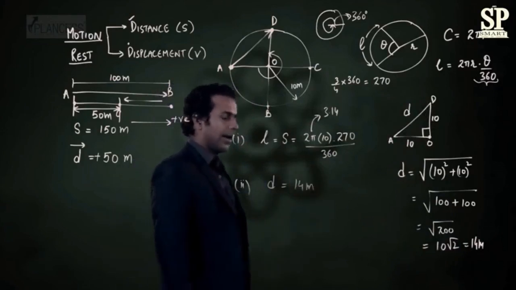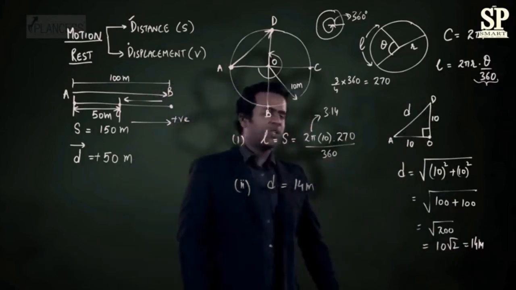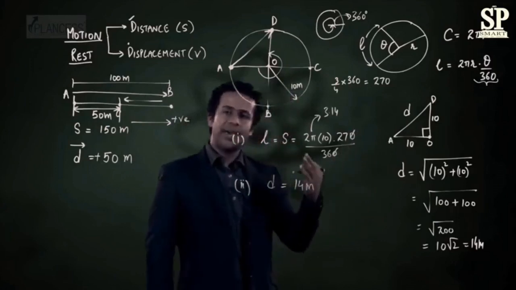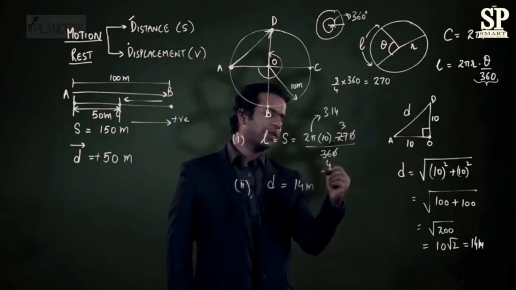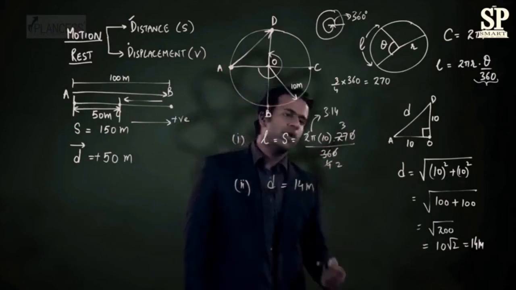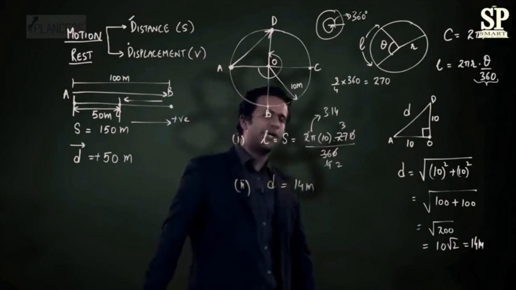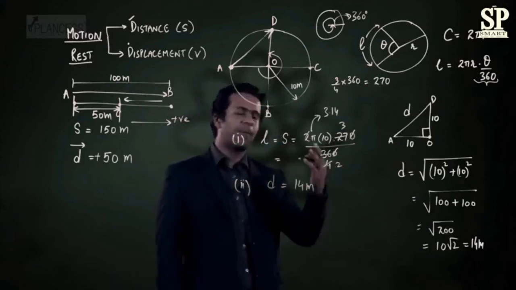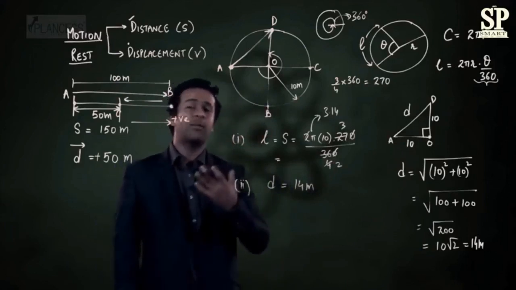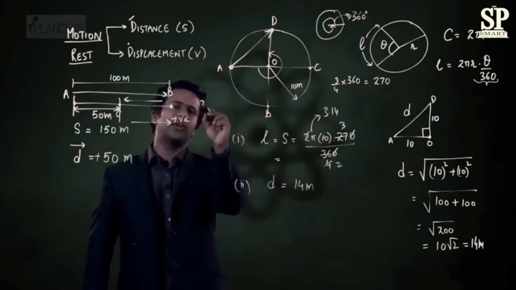Right. Let's find an approximate value of the distance, just to compare distance with displacement. You could cancel this with 3. You could further cancel it with 2. So what you have is 30 pi by 2. So pi is 3.14. 3.14 into 10, let's approximate it to 31.